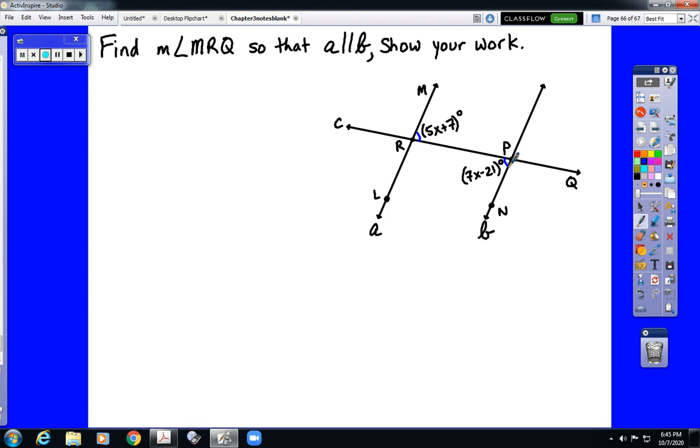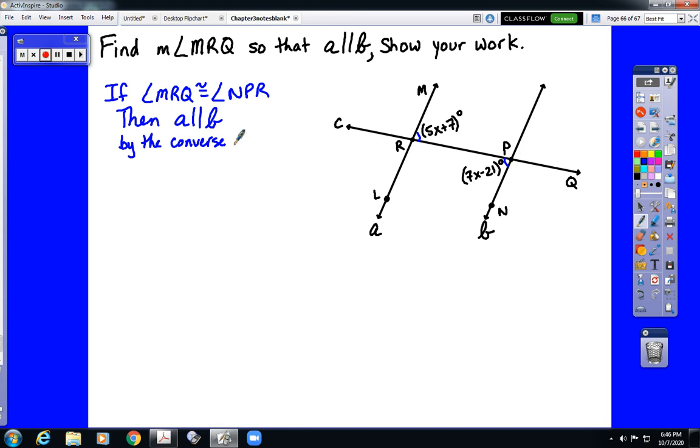So if they were equal, that would be enough to state that A is parallel to B. So if angle MRQ is congruent to angle, and we need a name for that one, let's call it NPR, that would be enough to state that A is parallel to B, because we would have the converse of the alternate interior angle theorem.